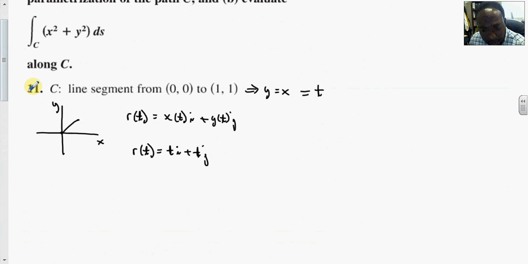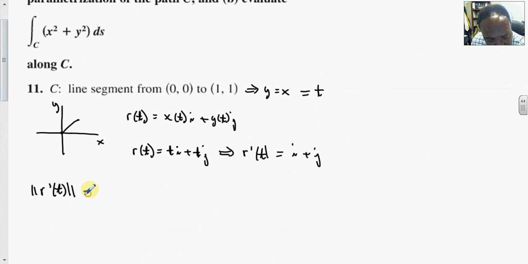How x moves, y moves. So x equal to y equal to t. So if that's the case, remember we need r prime of t. Well, that gives us i plus j. Now you need its norm. This is the square root of 1 squared plus 1 squared. We get the square root of 2.